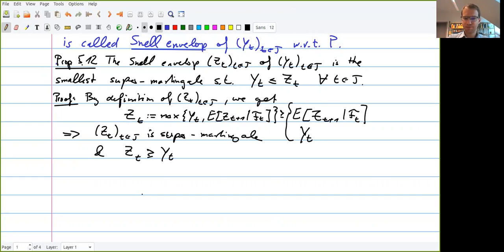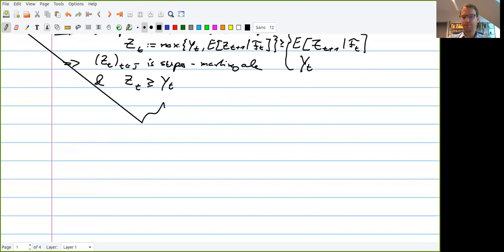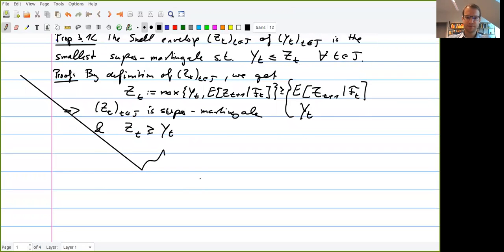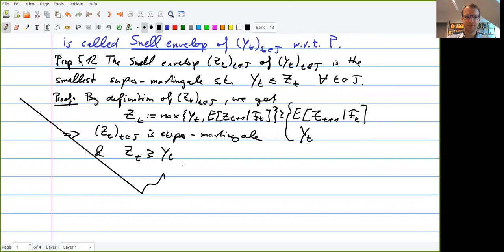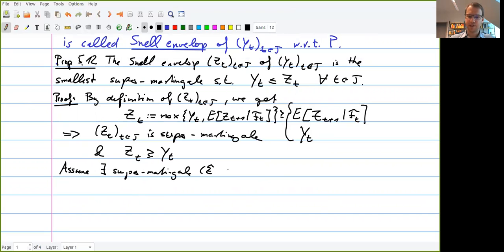So what we now need to show is that it's the smallest one. So this is the last part. Let's assume there exists a supermartingale z tilde with the same properties.